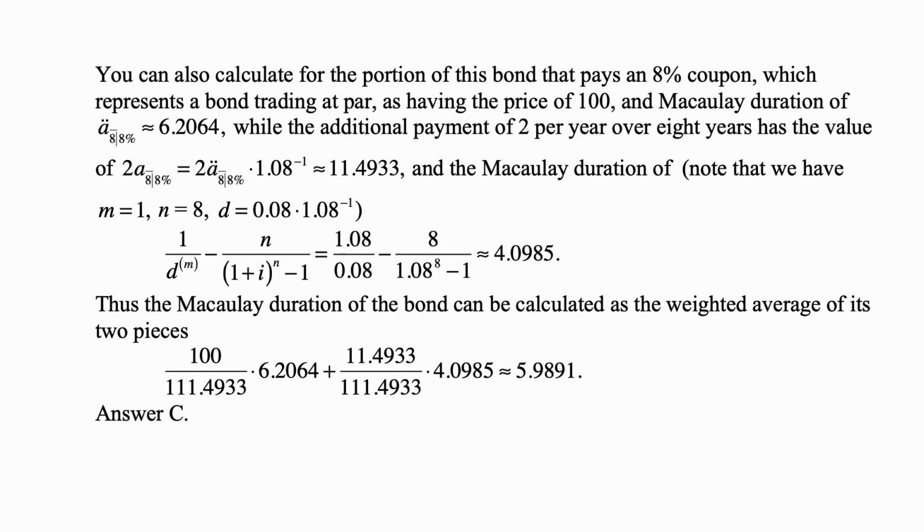And the first par value bond has a price of 100, and we take the weight as 100 over 111.4933 multiplied by the duration of that piece, Macaulay duration, plus 11.4933 over 111.4933 times 4.0985, which is the duration of that piece that pays 2 every year. And that's approximately 5.9891. We get the same answer, of course.